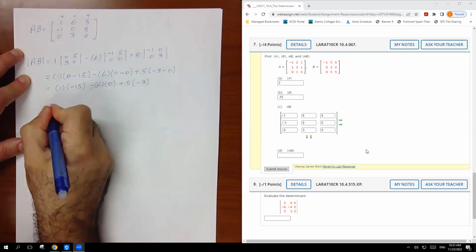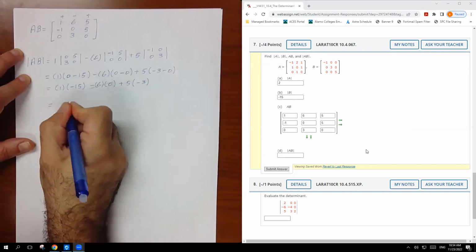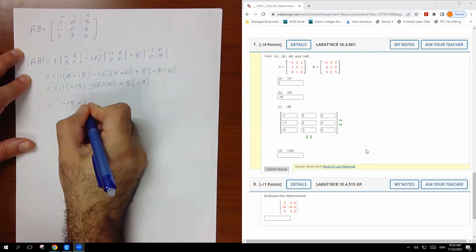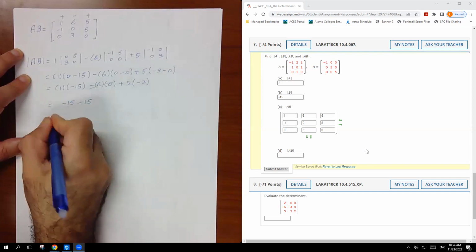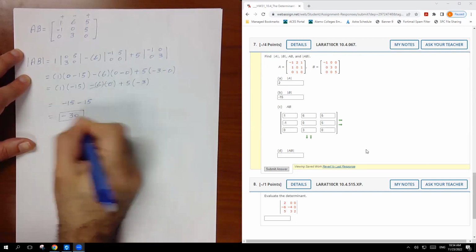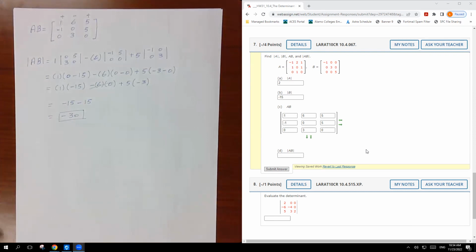So the left here is going to be 1 times -15 is -15, and 5 times -3 is going to be -15. So the result is going to be -30. So the determinant for the matrix AB is going to be -30.